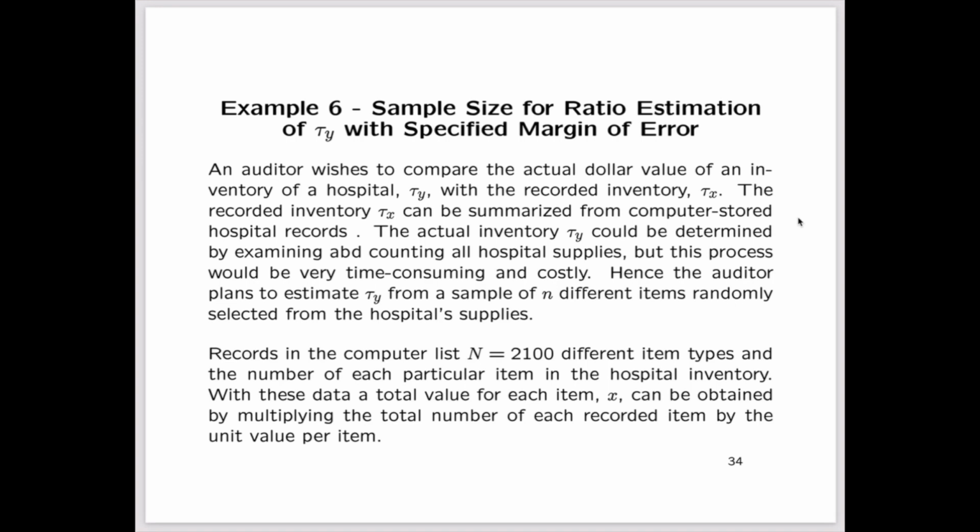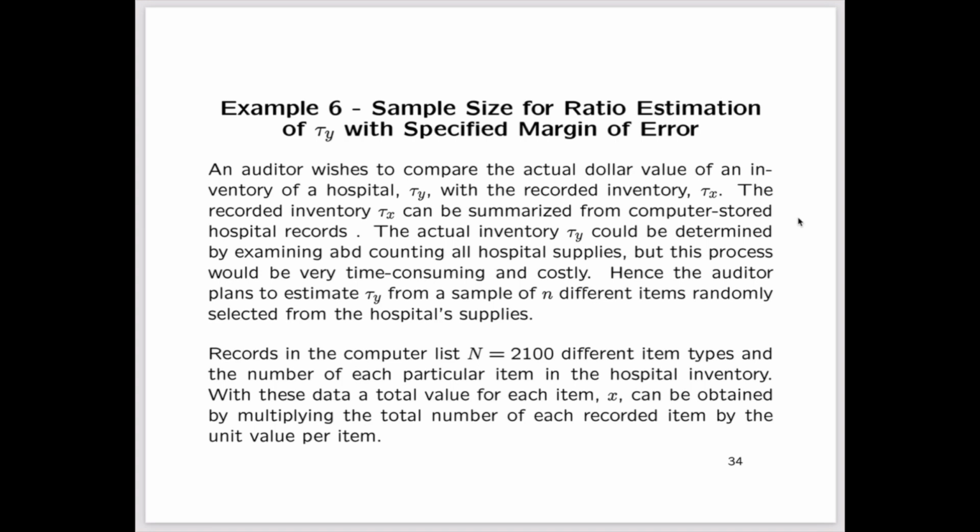This is example 6, sample size for ratio estimation of a population total tau sub y with a specified margin of error. An auditor wishes to compare the actual dollar value of an inventory of a hospital, tau sub y, with the recorded inventory, tau sub x. The recorded inventory, tau sub x, can be summarized from computer-stored hospital records.